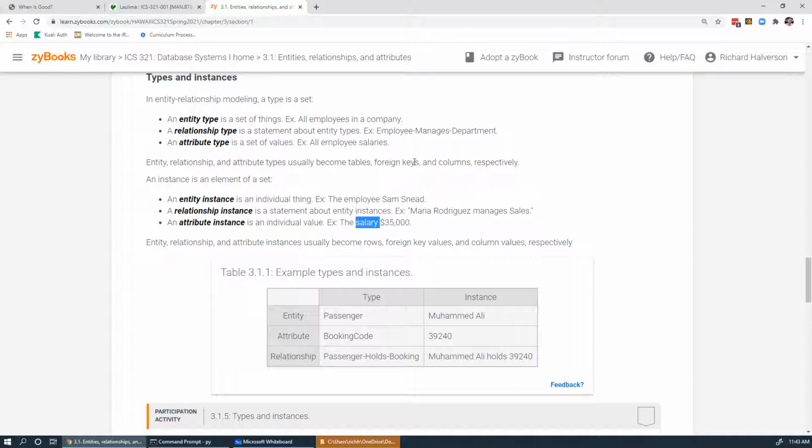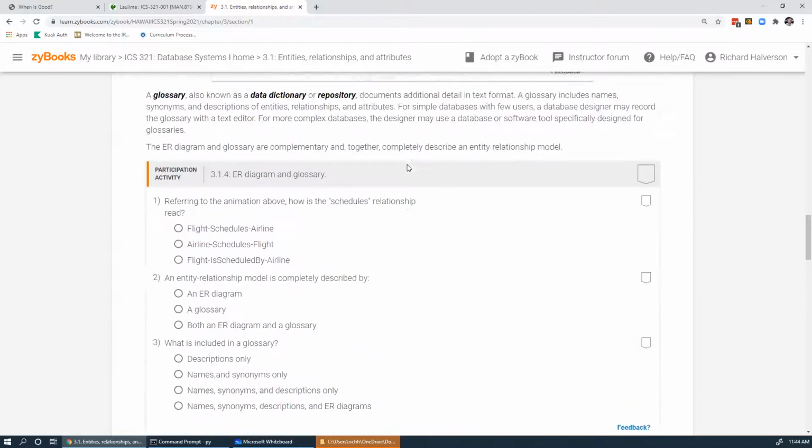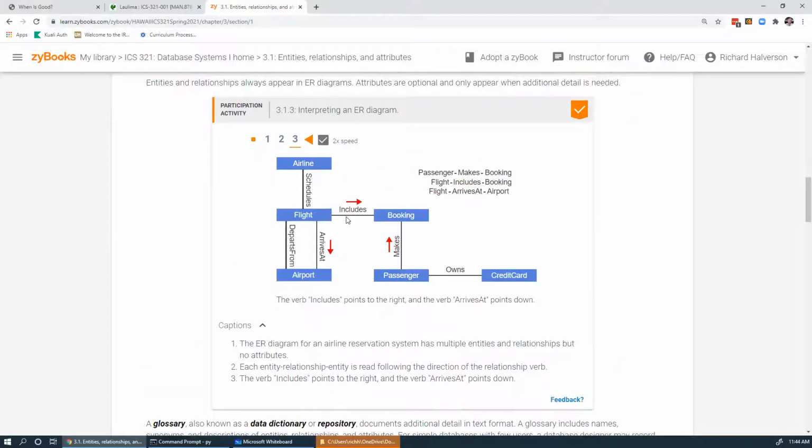In the other textbook, the suppliers-parts database, suppliers is an entity type and parts is an entity type. But the SP table, where suppliers ship parts, would be like an arrow in this diagram.